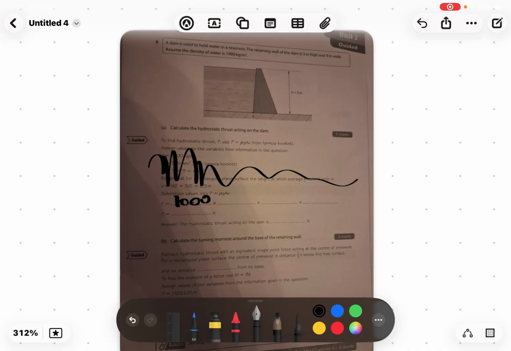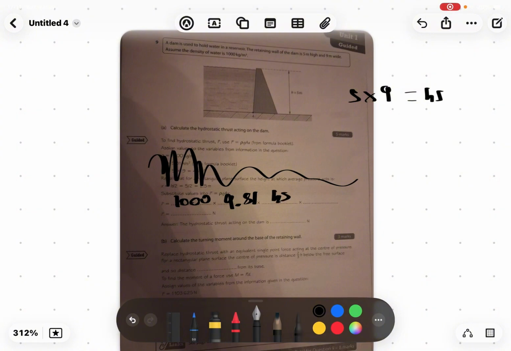After that, gravity we should know, 9.81. That's just the basic for Earth. After that, the area, and area, as we know, is 5 times 9, so width times height equals 45.